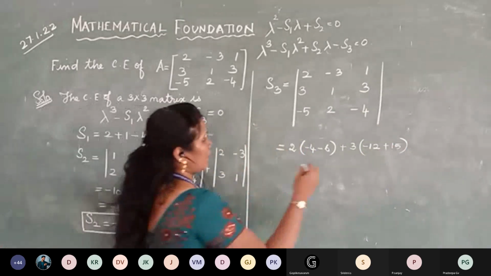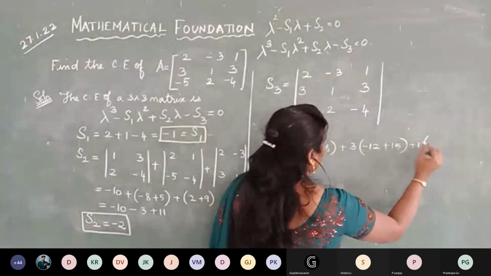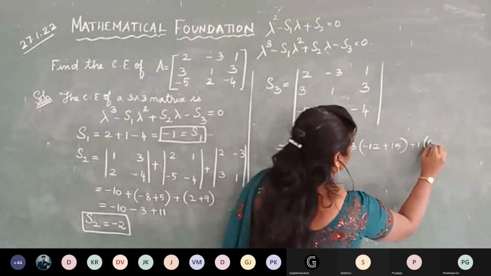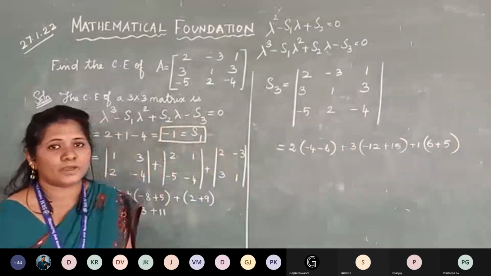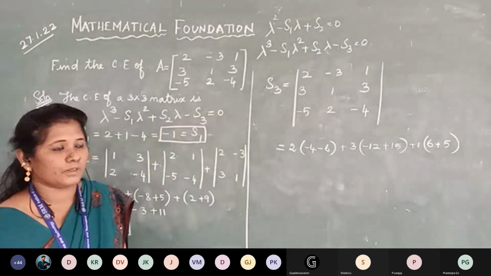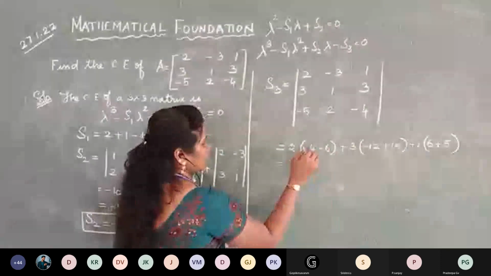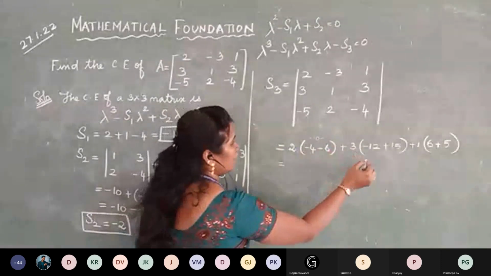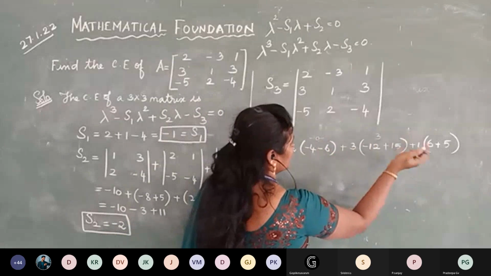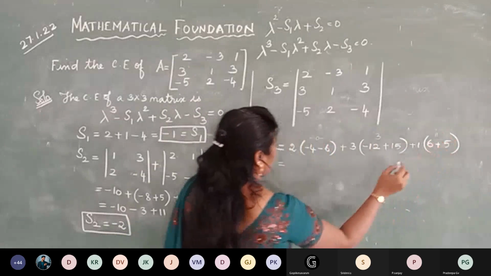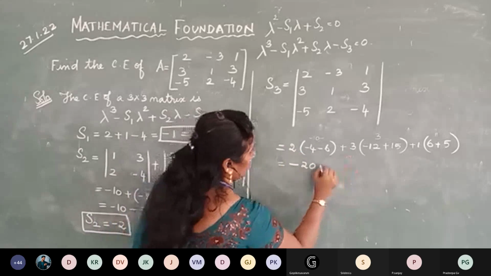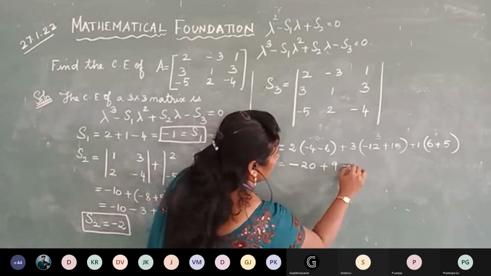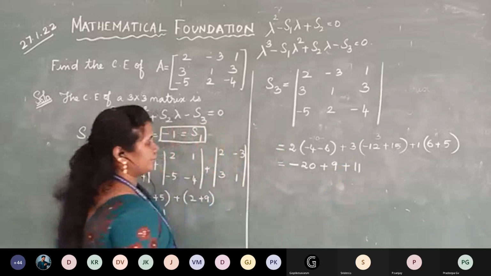And then you have plus 1 into 6 plus 5. Minus 5 into minus will become plus 5. So here it will be minus 10. Here it will become 3. Here it will be 11. So multiply it. You will have minus 20 plus 9 plus 11.